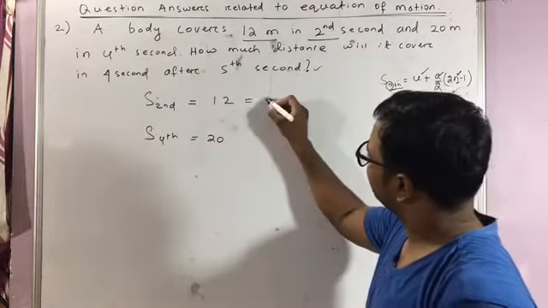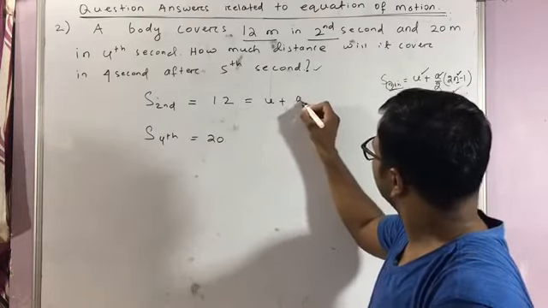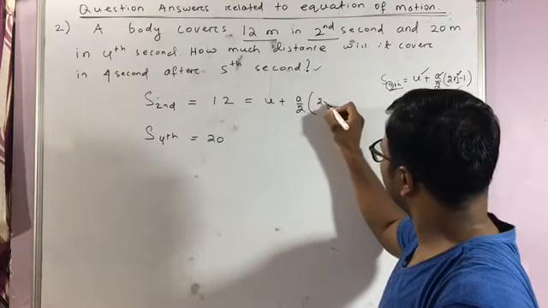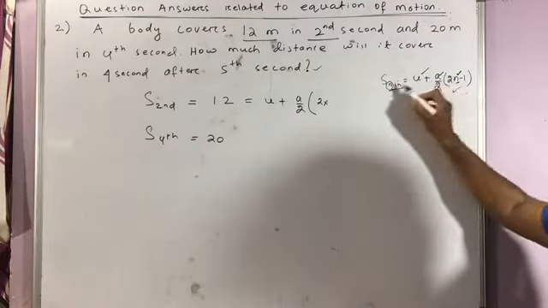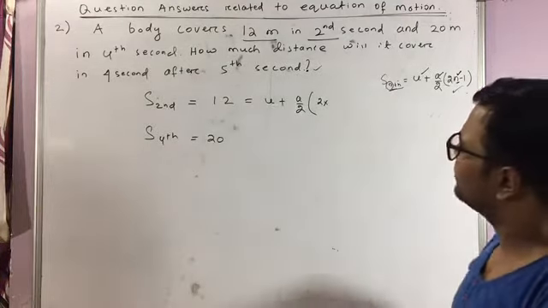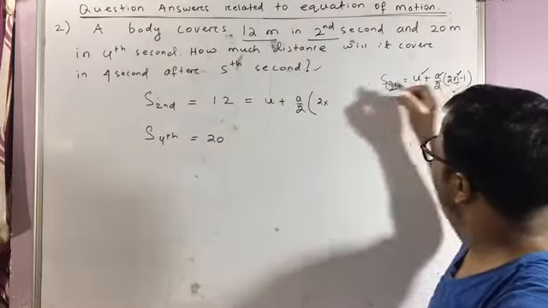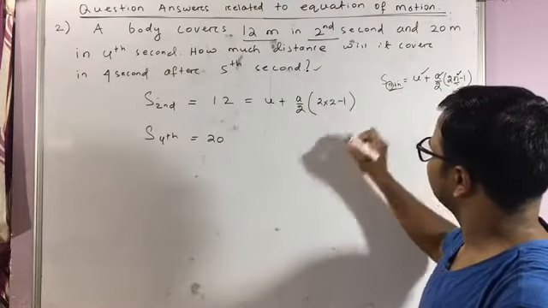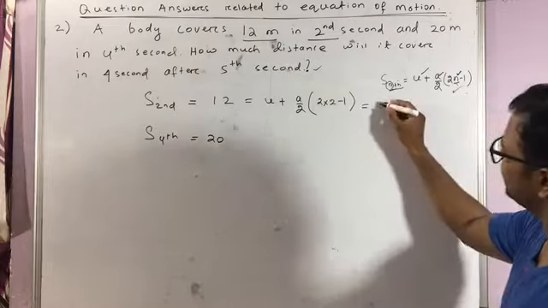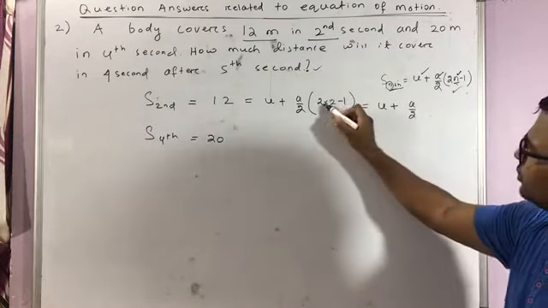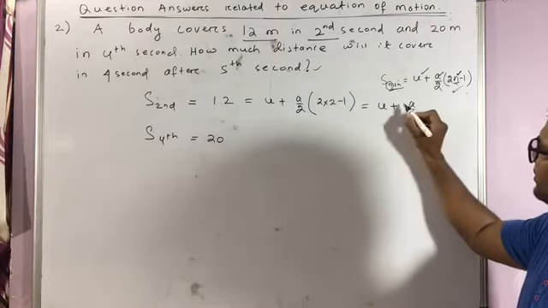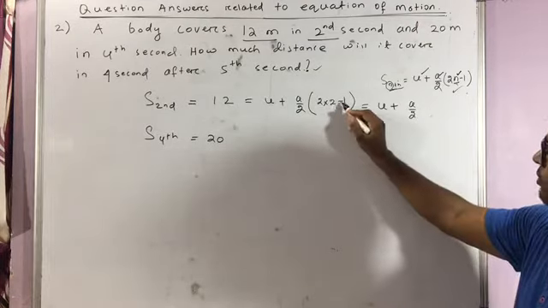So this equation will be u plus a by 2 into, see here it is S nth and here it is n, means both are the same time. So it is the 2nd second, instead of n you take 2, 2n minus 1. So the equation would be u plus a by 2 into 2 into 2 minus 1, which is 3.